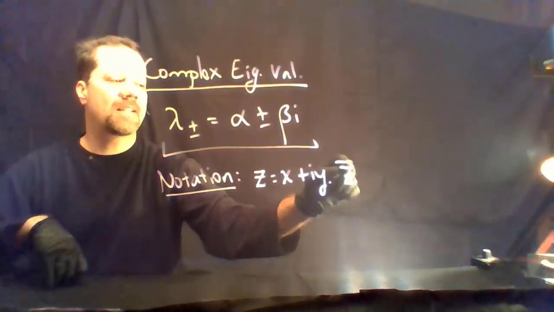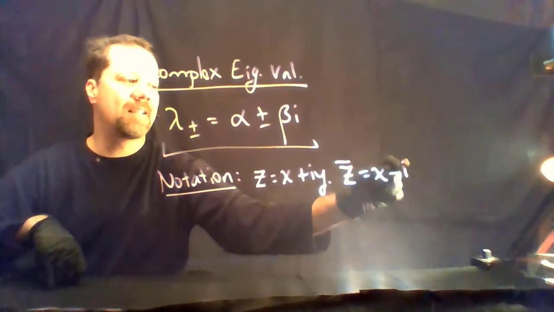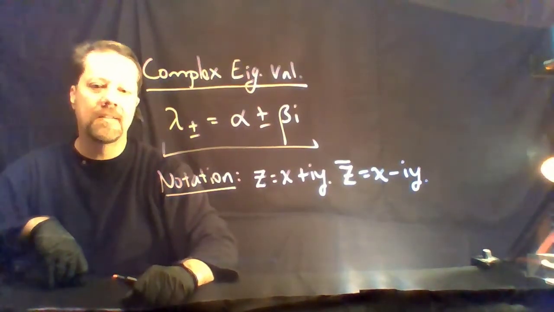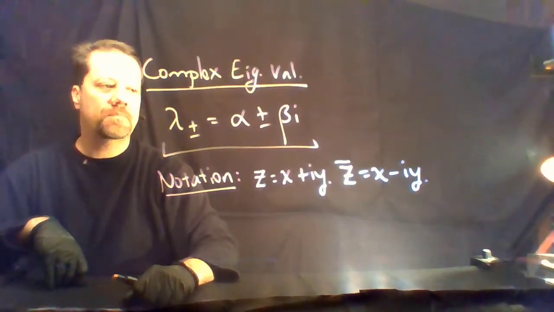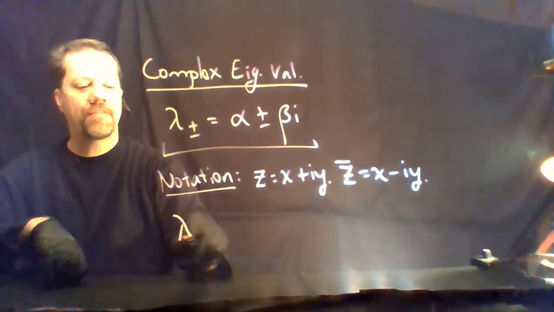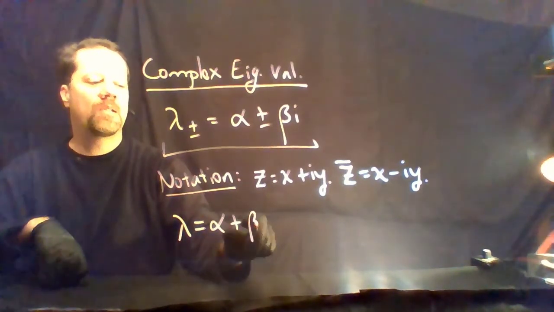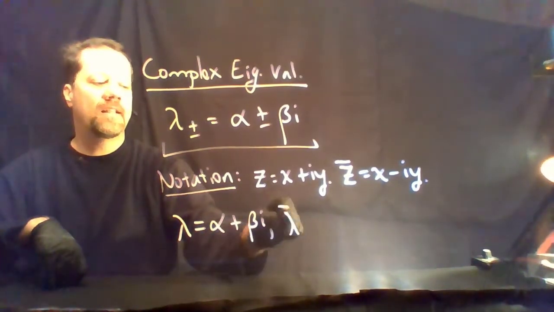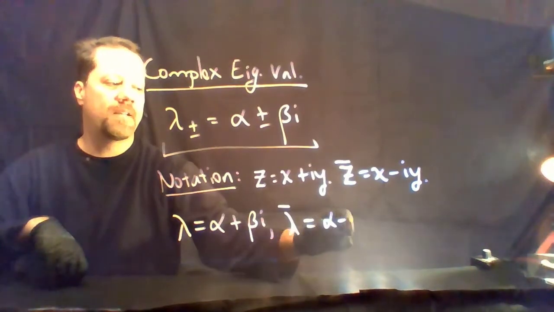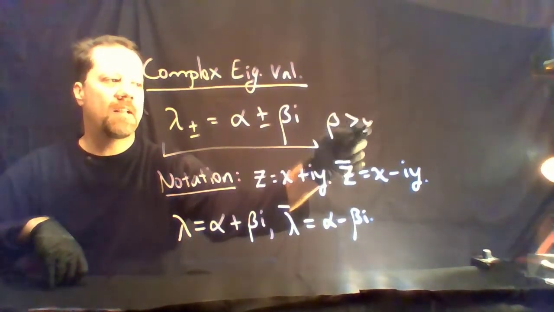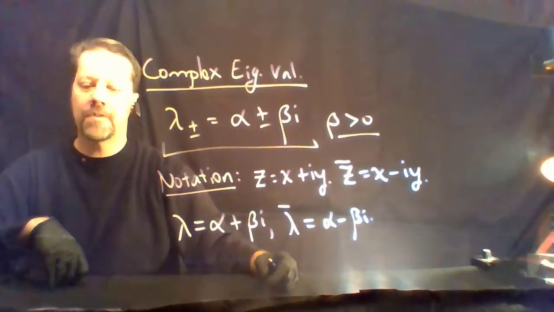The complex conjugate is x minus iy, where you switch the sign of the imaginary part. So if I have an eigenvalue lambda, which is alpha plus beta i, then its conjugate is alpha minus beta i. We will assume that beta is positive for sake of clarity.